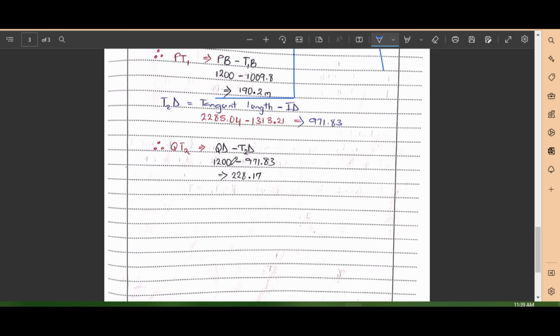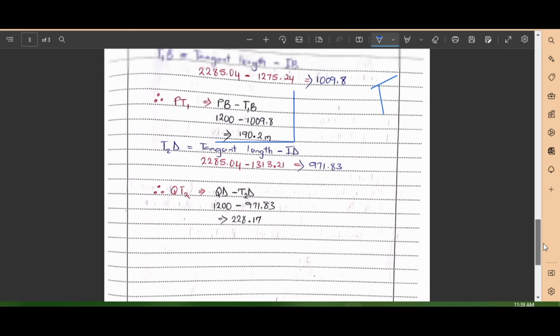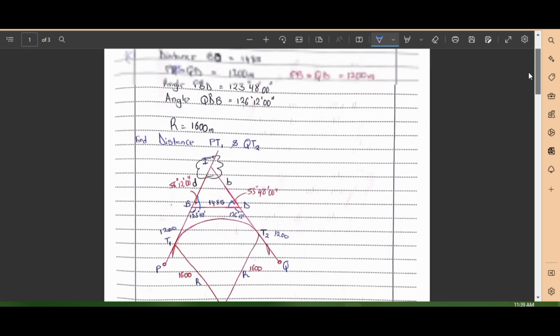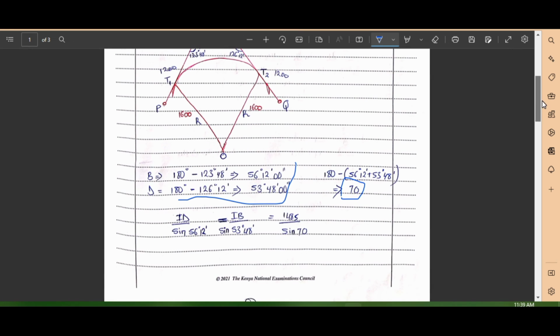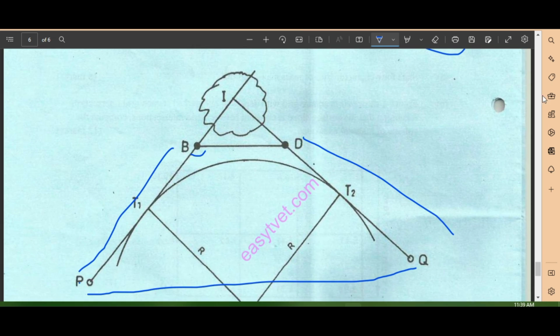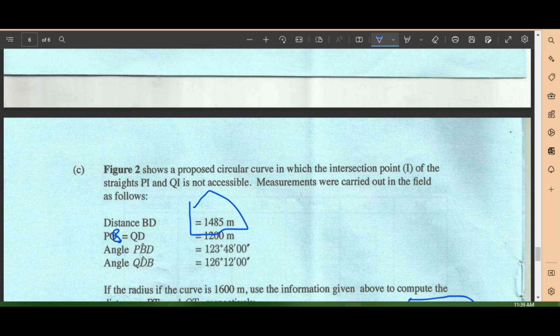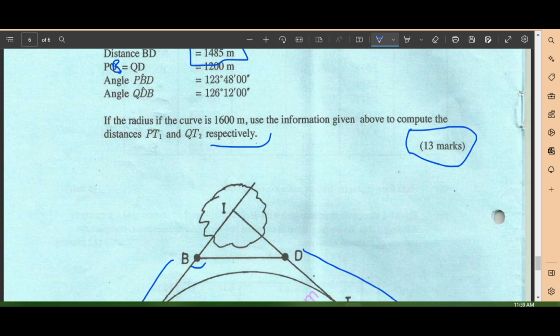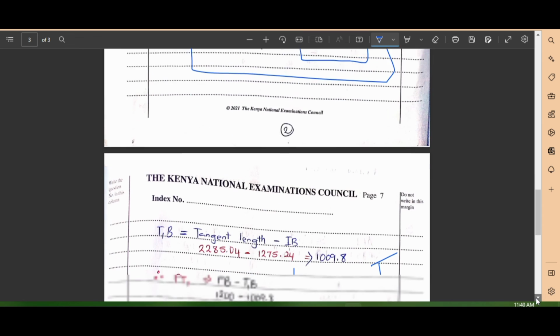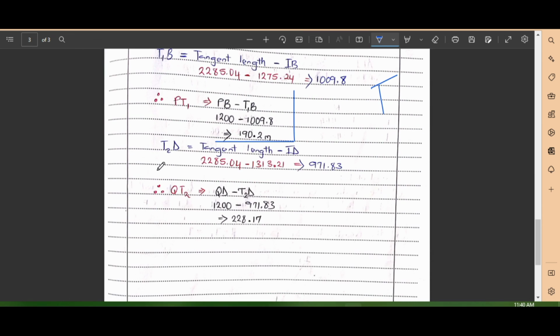So the distance we had already calculated there, and the tangent length we already calculated there. We subtract it in order to find the distance given there. In this question, we have already calculated those two, so we don't even need to find any other.